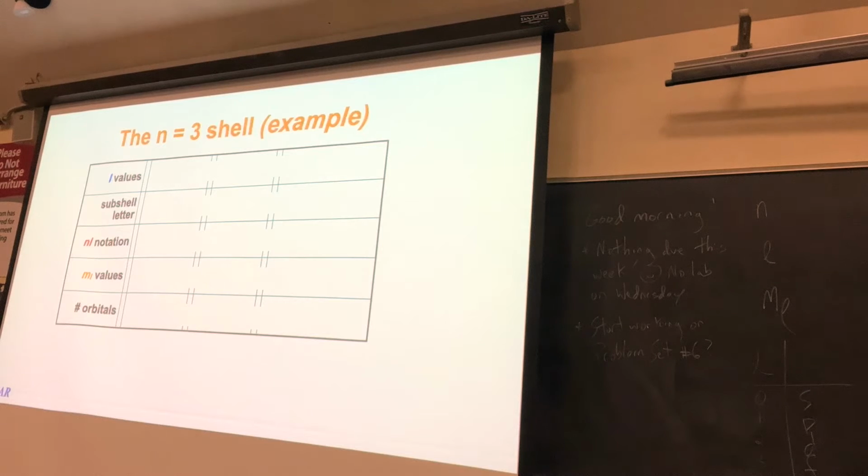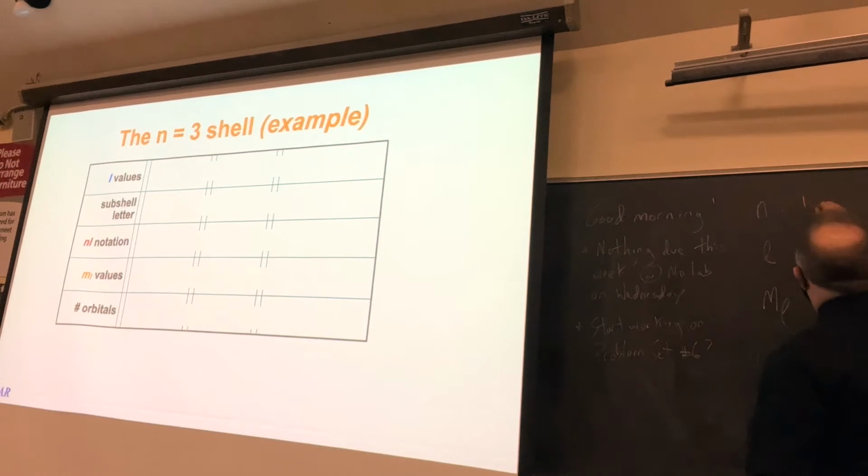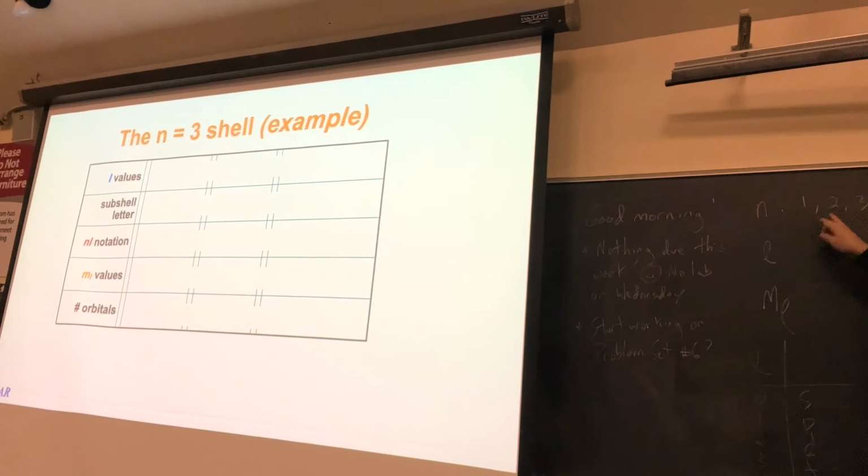Now, l values depend on n. If n is a whole number, l values definitely depend on n. They always start at 0, and they're whole numbers that go up to n minus 1. So in this example, if n equals 3, l values will start at 0 and go up to n minus 1, 3 minus 1, which is 2.